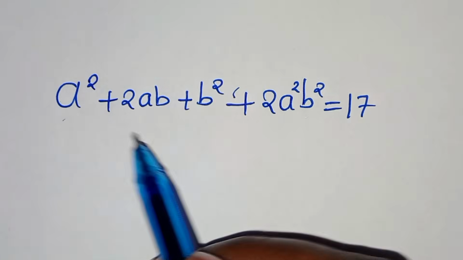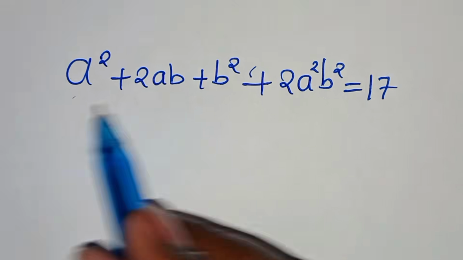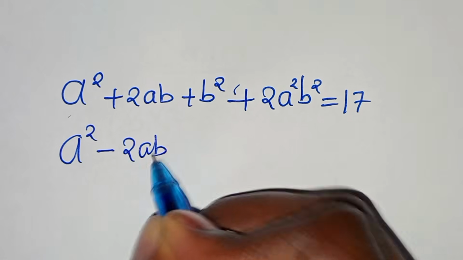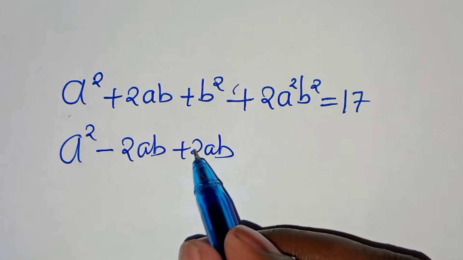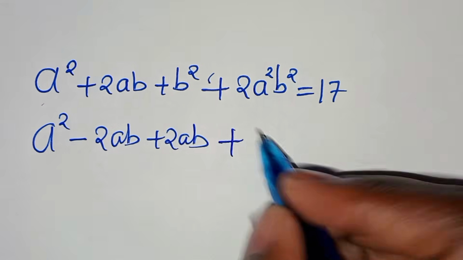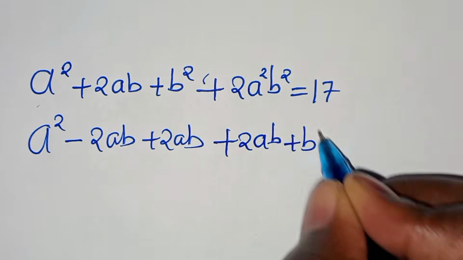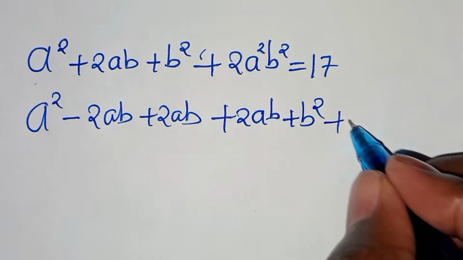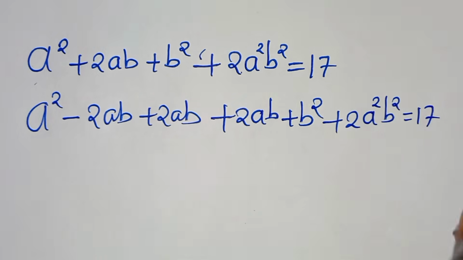Now we have a squared plus 2ab plus b squared plus 2a squared b squared. Now we can introduce here minus 2ab plus 2ab. Minus 2ab plus 2ab is the same thing as 0. Then now plus 2ab here, then plus b squared, then plus 2a squared b squared equals 17.